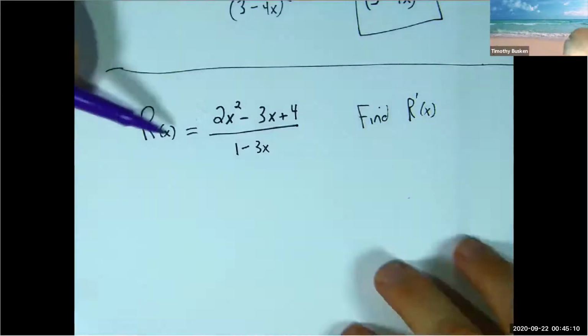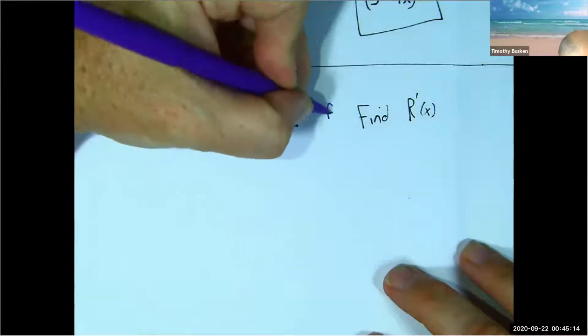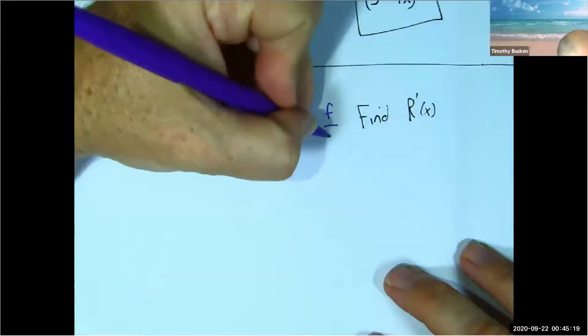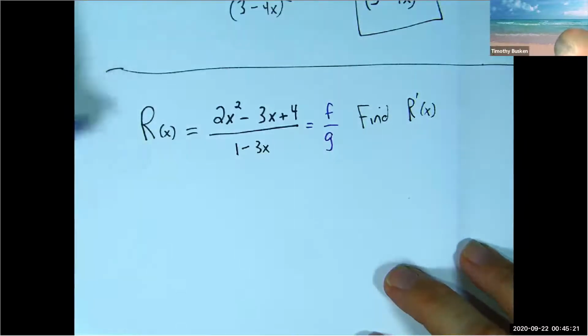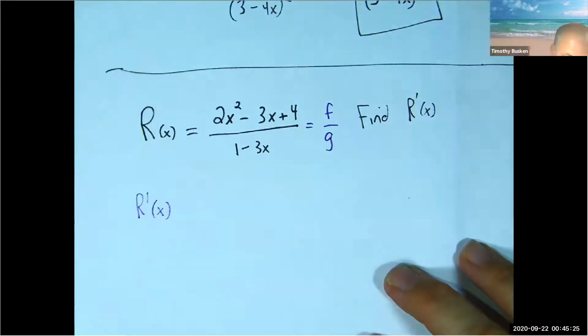And so you can see that we're given a quotient here. So certainly you can name your numerator function f and your denominator function g. And then r prime of x will be given by the quotient rule.